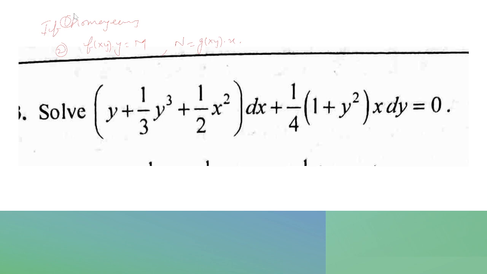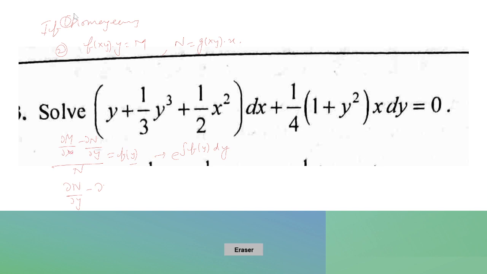The third one is that if (Mx minus Ny) divided by N is a function of y, then the integrating factor is e raised to the power f(y) dy, and if del N by del y minus... I get something wrong, sorry.